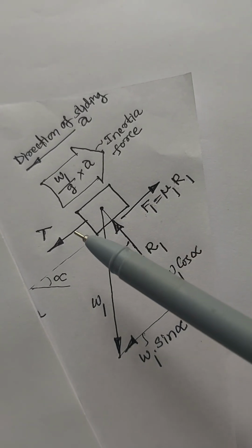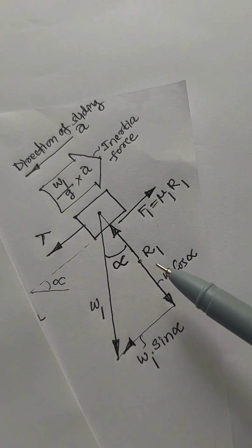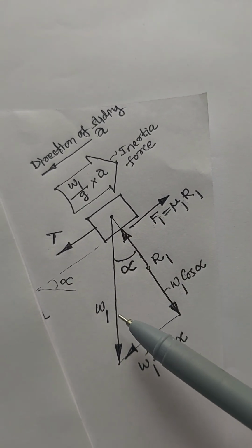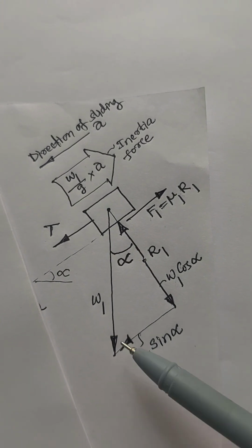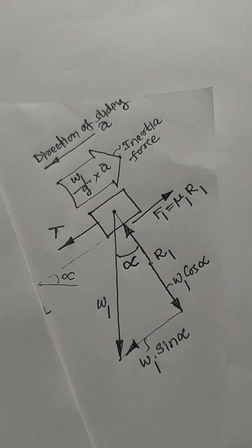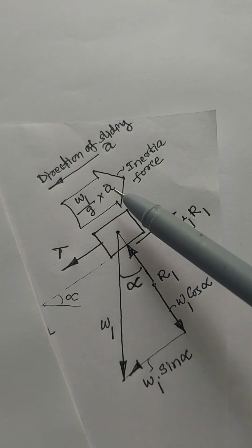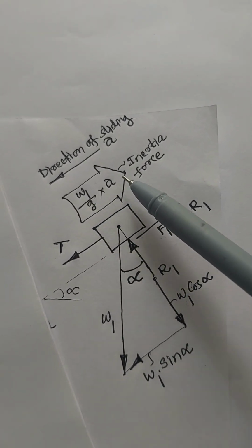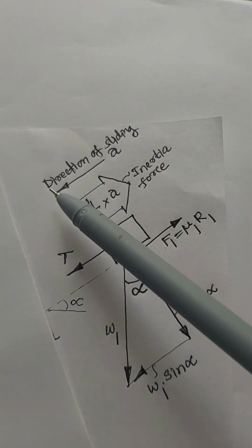This is the tensile force generated in the string. R1 is the normal reaction force. W1 is the weight of block one. W1 by g into a is the inertia force. The direction of inertia force is opposite to the direction of motion.